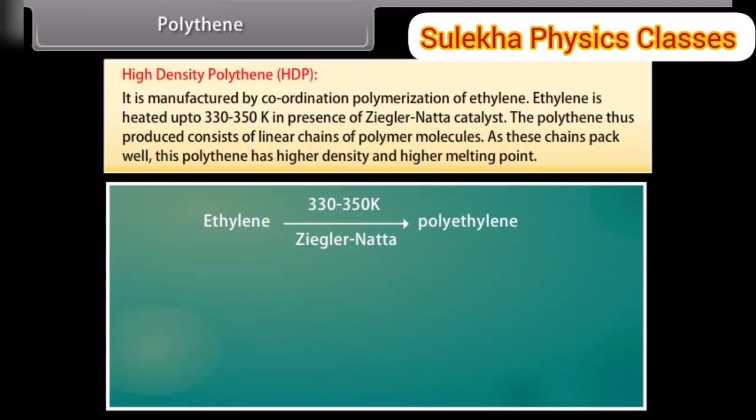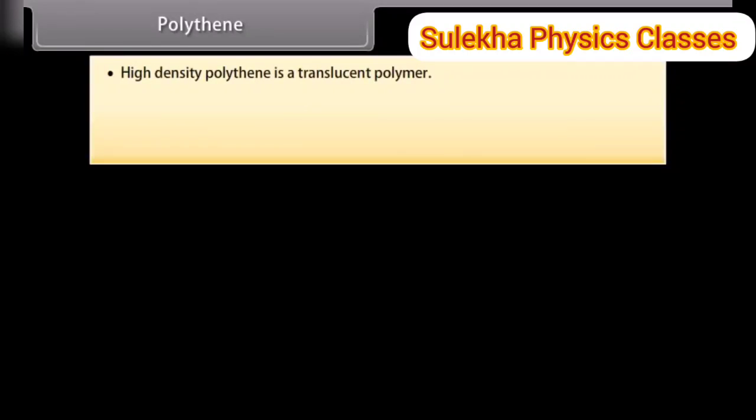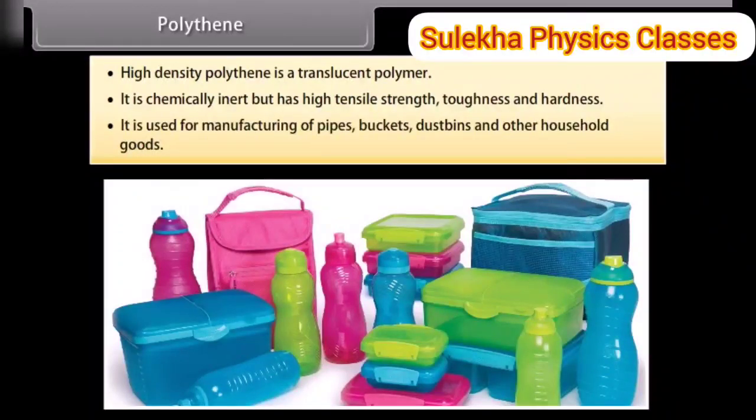As these chains pack well, this polythene has higher density and higher melting point. High-density polythene is a translucent polymer. It is chemically inert but has high tensile strength, toughness and hardness. It is used for manufacturing of pipes, buckets, dustbins and other household goods.